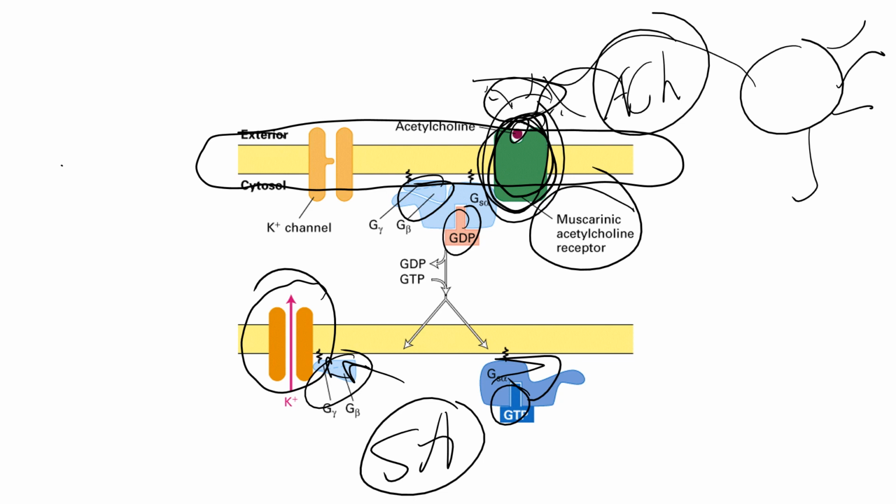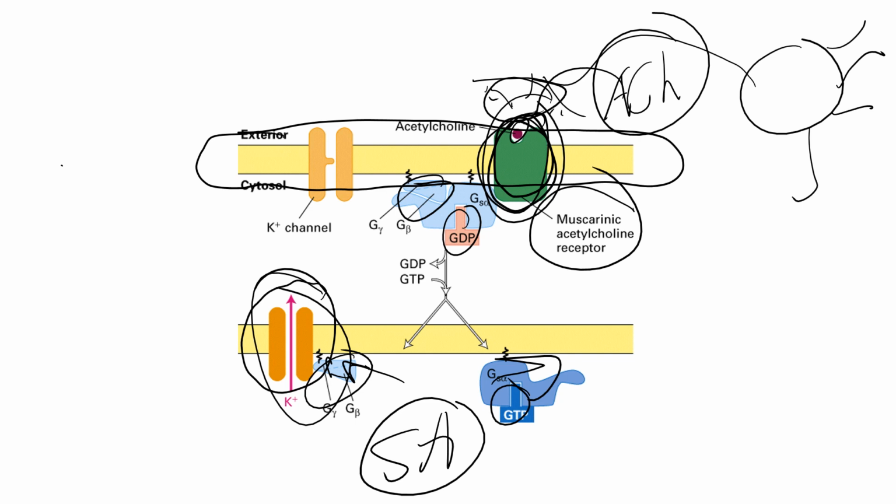Let's say this differently. What the parasympathetic nervous system does to the sinoatrial node fibers is it releases acetylcholine onto them. And acetylcholine binds to the acetylcholine receptors on the sinoatrial node fibers, activating a G protein pathway. And that G protein pathway, through the beta and the gamma subunits, opens up extra potassium channels within the plasma membrane of the SA node fibers.